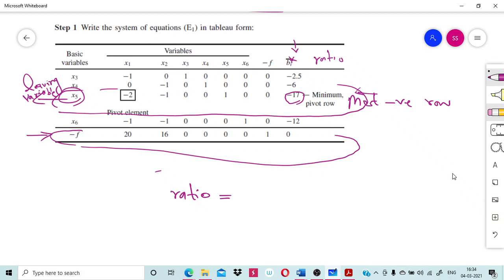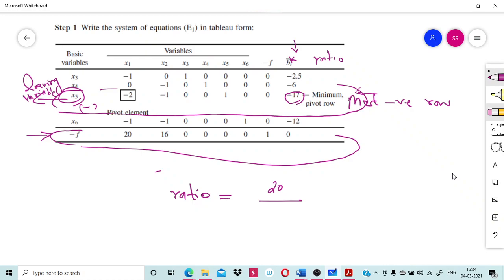One difference is that the element in the minus f row, the first element, that is 20, is divided by the negative. That means you multiply the x5 row by minus 1, so that this minus 2 becomes 2, then 1, 0, 0, minus 1.